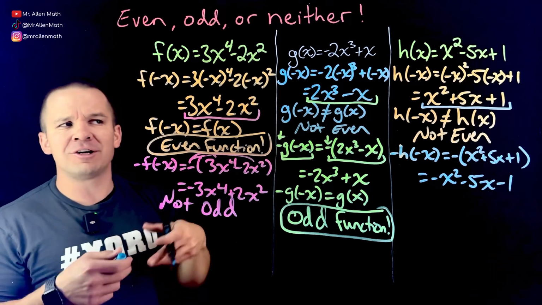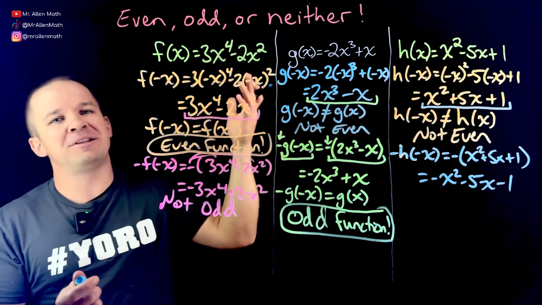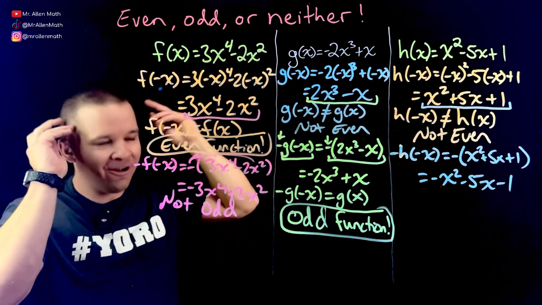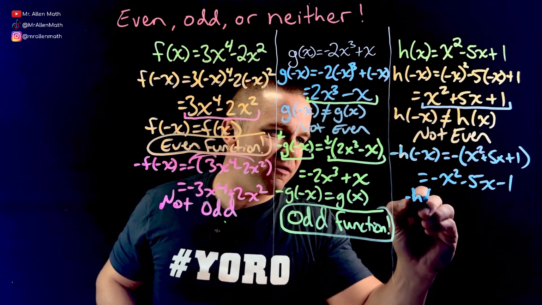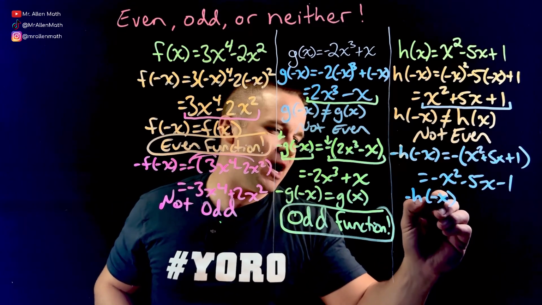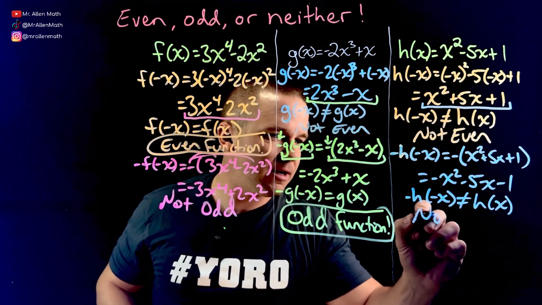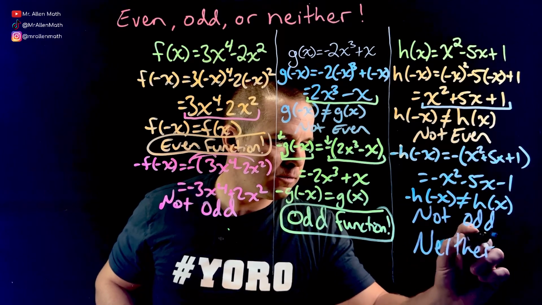So our odd degree terms match up in the odd test. Our even degree terms seem to match up in the even test. Crazy. All right. In any event, negative h of negative x, or opposite of h of opposite x, is not equal to h of x. Therefore, it's not odd. It is neither.